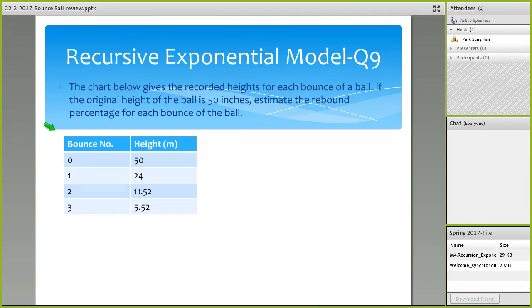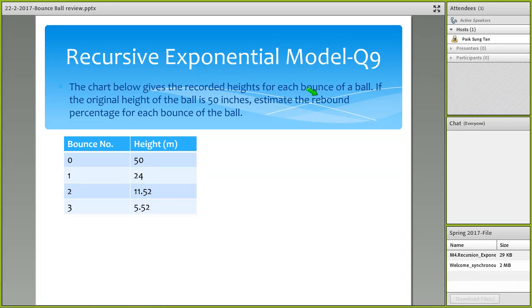All right, so the chart below gives the recorded height for each bounce of the ball. If the original height of the ball is 50 inches, estimate the rebound percentage for each bounce of the ball.